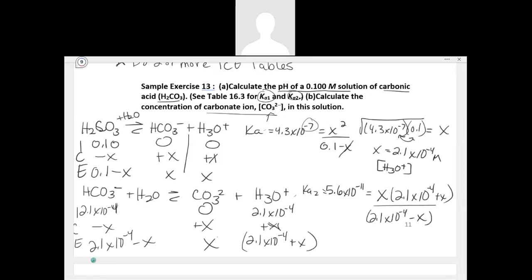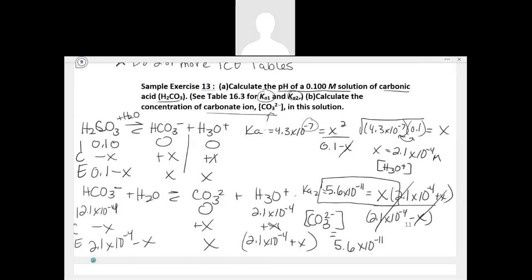So what we're going to see is that these negligible x's will cancel out. These values will also cancel out, and our carbonate ion concentration is actually going to be equal to the value of our second weak acid dissociation constant. So that concentration will be 5.6 times 10 to the negative 11.